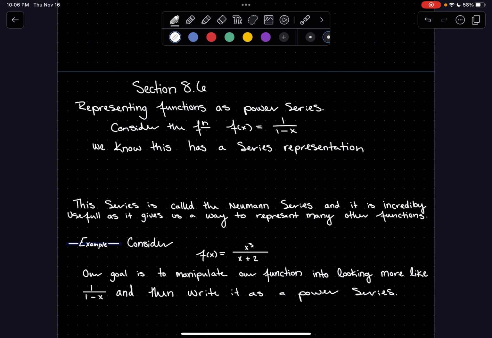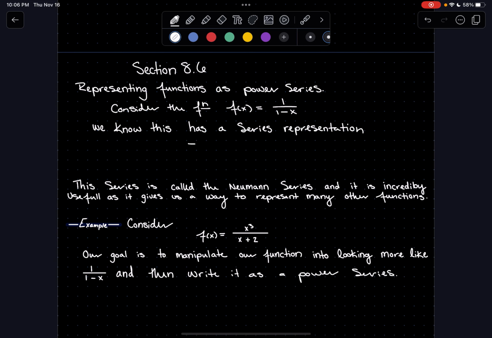So we know that this has a series representation of this form, the sum from n equals 0 to infinity of x to the n. And this is going for absolute value of x less than 1, right?